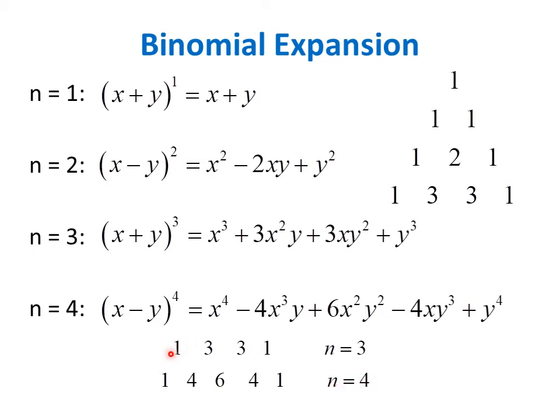Consider two adjacent numbers, get their sum or add them up. So we have 1 plus 3, 4, 3 plus 3, 6, 3 plus 1, 4, and we have to add 1 on both sides of the list. That's why we have these coefficients, 1, 4, 6, 4, and 1.